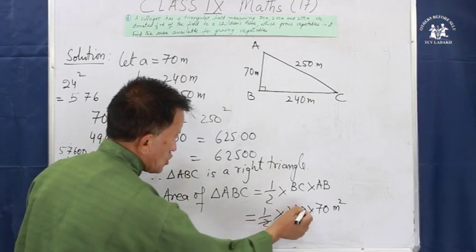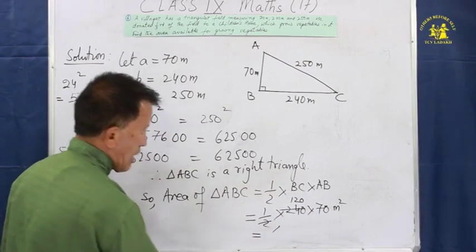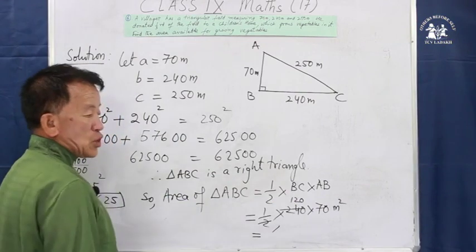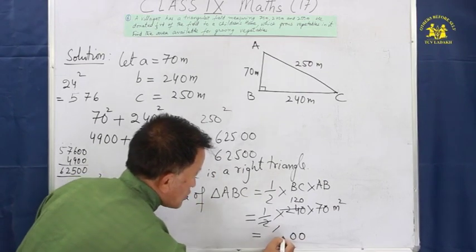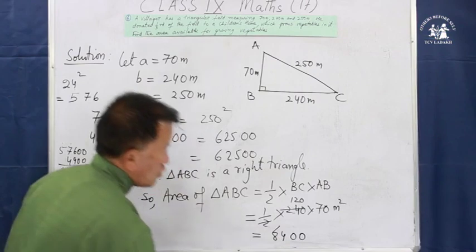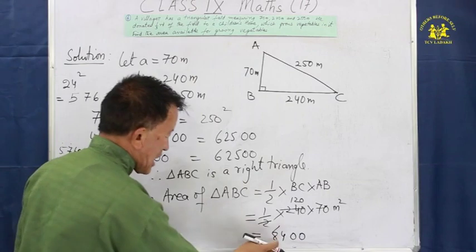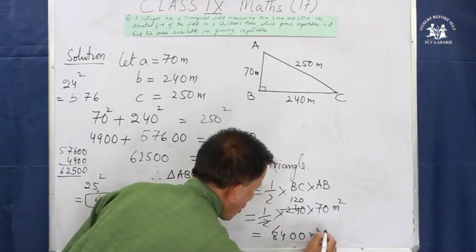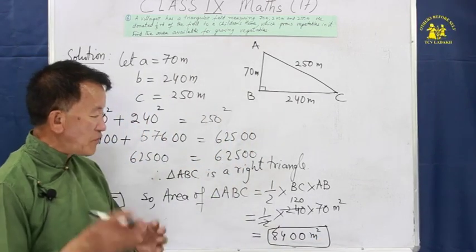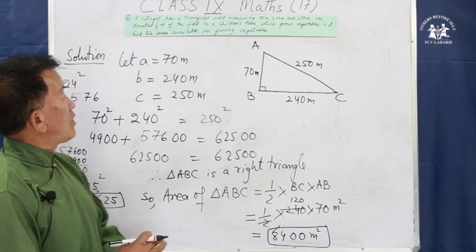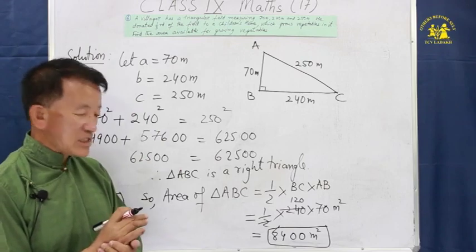So 2 ones are 2, 2 twos are 4, 2 zeros are 0. So 120 into 70. 0, 0, 7 twos are 14, 8. So the area of the whole triangular field is 8,400 square meter.